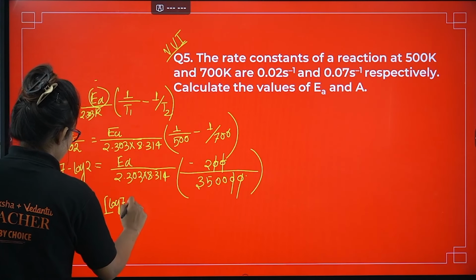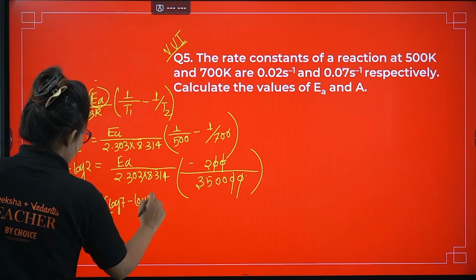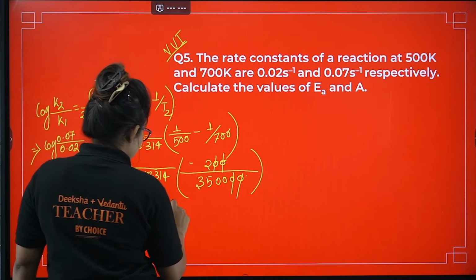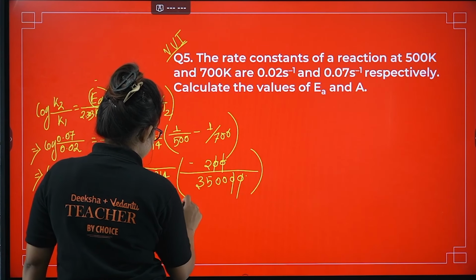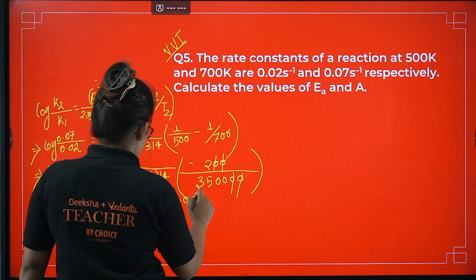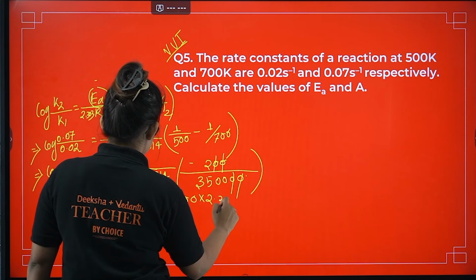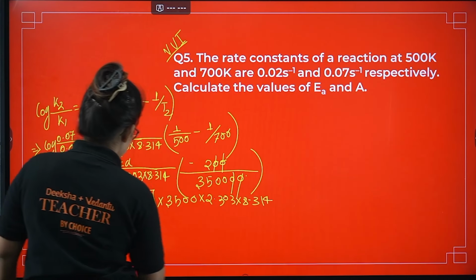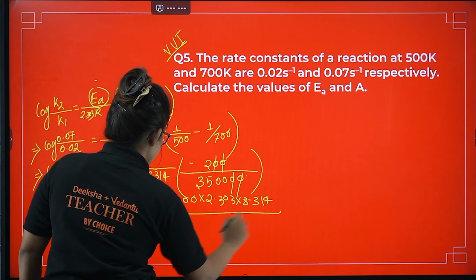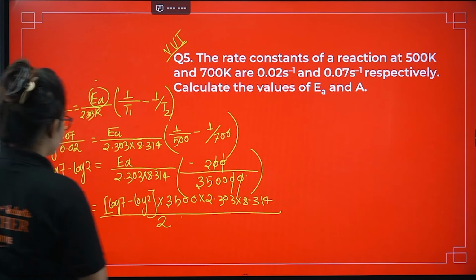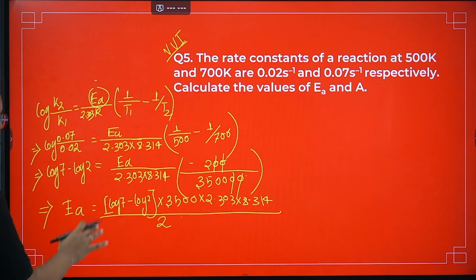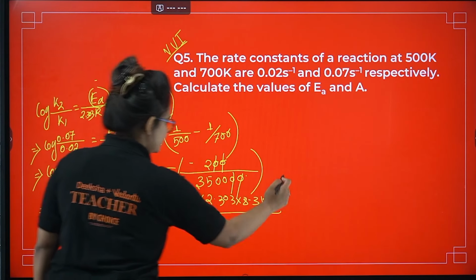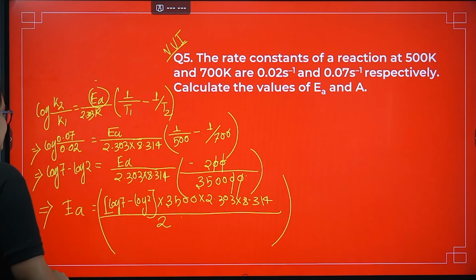Log 7 minus log 2 into 3500 into 2.303 into 8.314 divided by 2. Okay, so if you calculate this part, if you calculate this unit, then you will get the EA value.